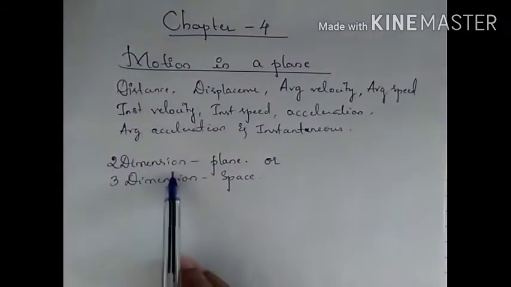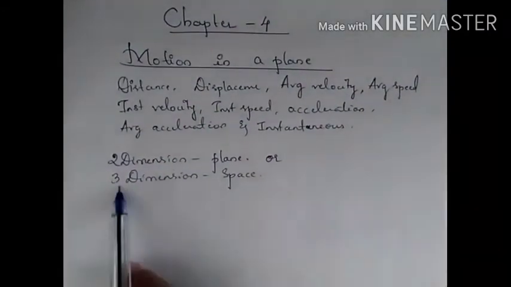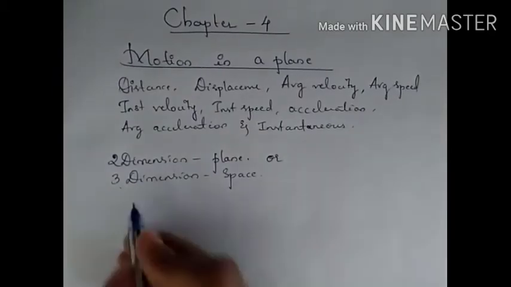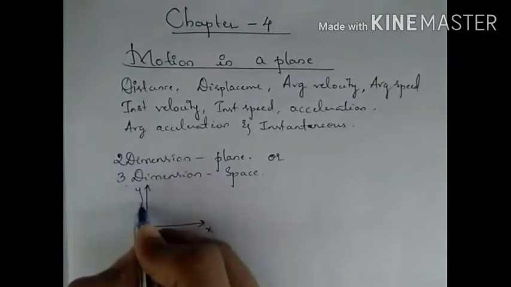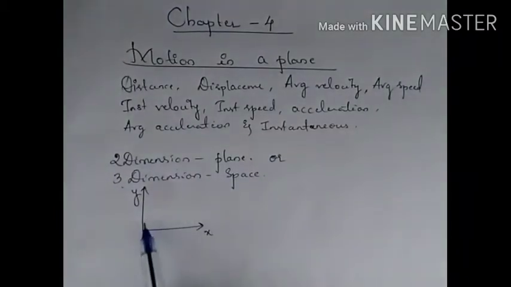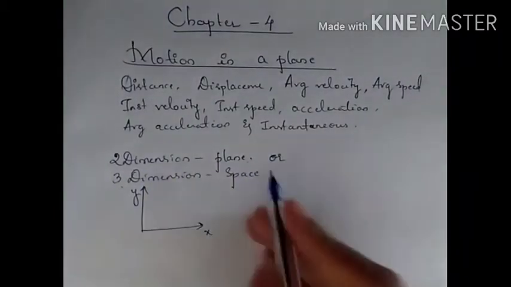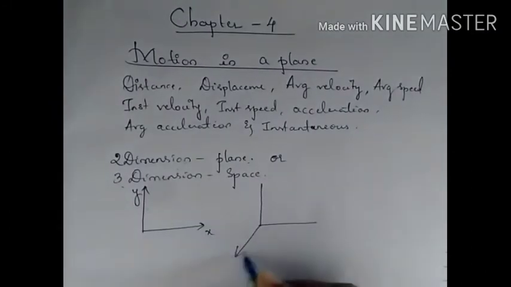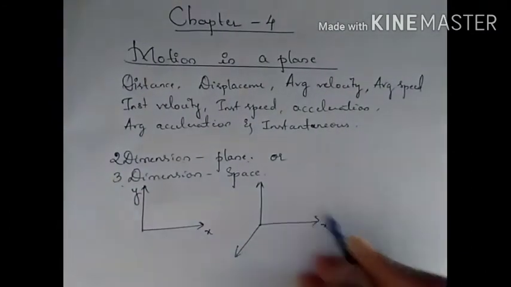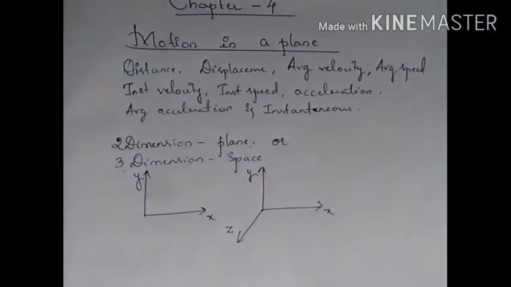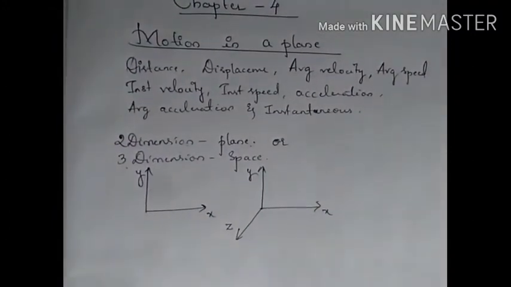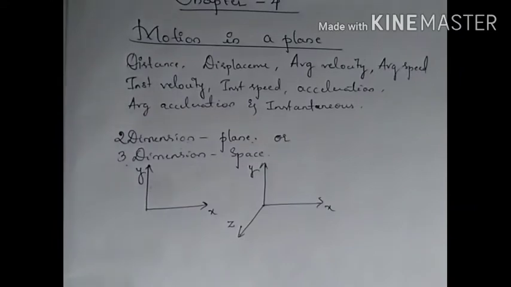This is also called 2D motion, and this is also known as 3D motion. If you use only the x and y axes, then for that kind of motion we say motion in a plane. If you use all three axes, then it is motion in space. Hope you understood what 2D motion and 3D motion are.